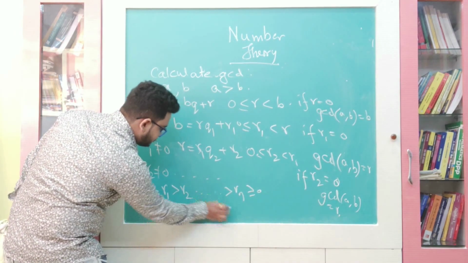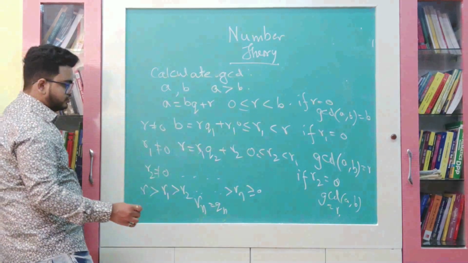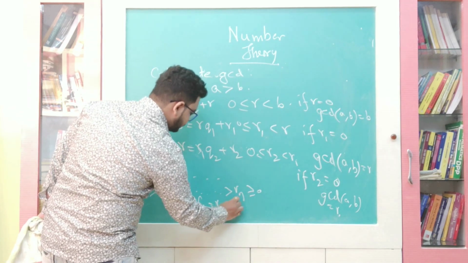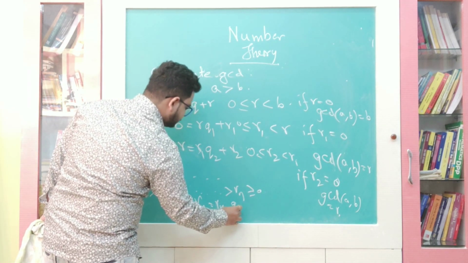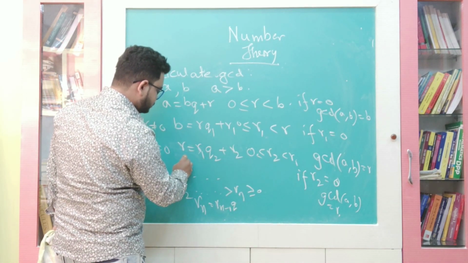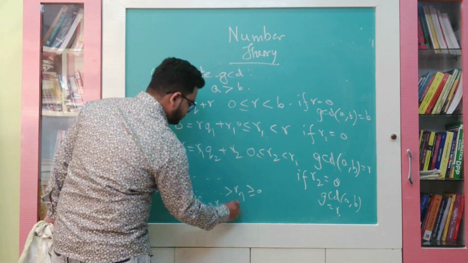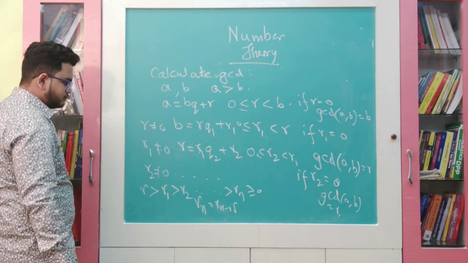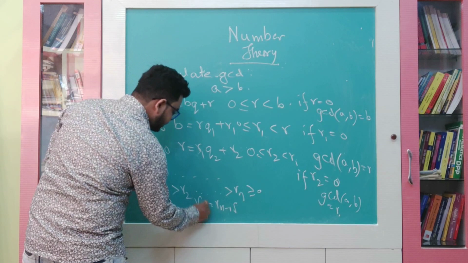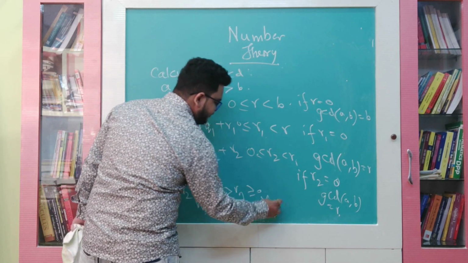So there exists Rn-2 equals Rn-1 times some quotient Qn, plus Rn, and Rn divides everyone.